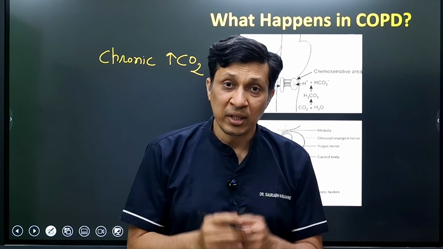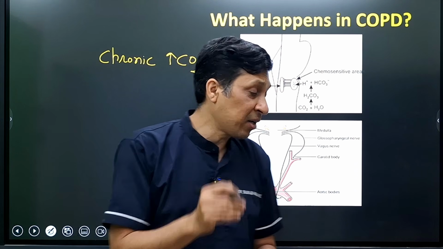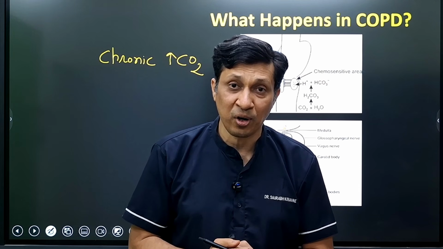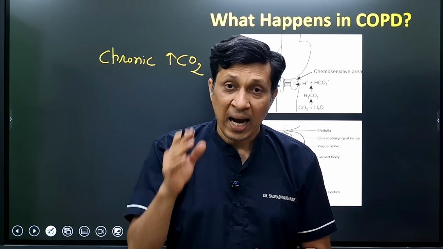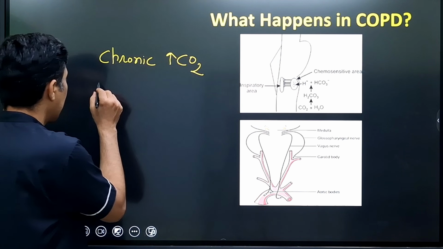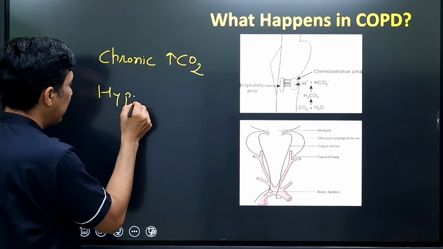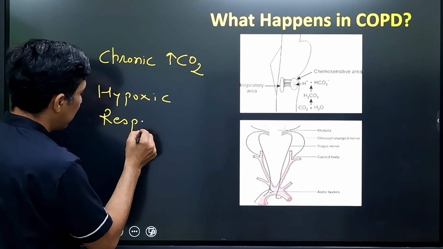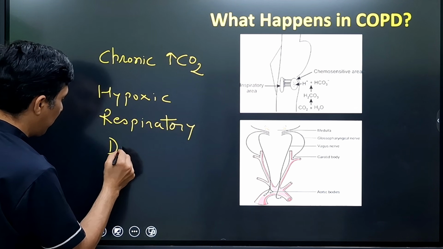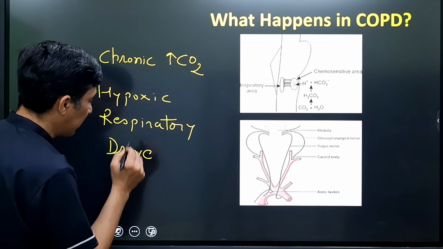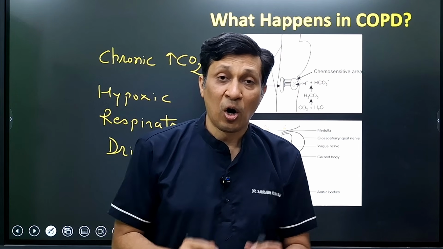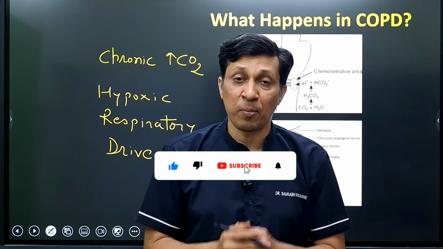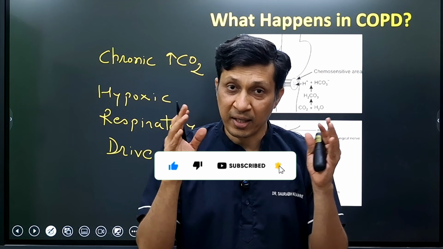Hence these patients now depend on oxygen, or rather low oxygen levels, for their respiration. And this is called the hypoxic respiratory drive. So the patients of COPD or sleep apnea syndrome, their respiration depends upon the hypoxic respiratory drive.